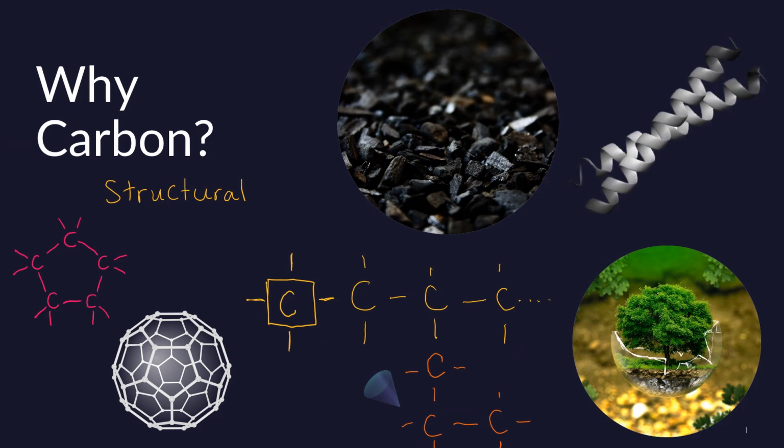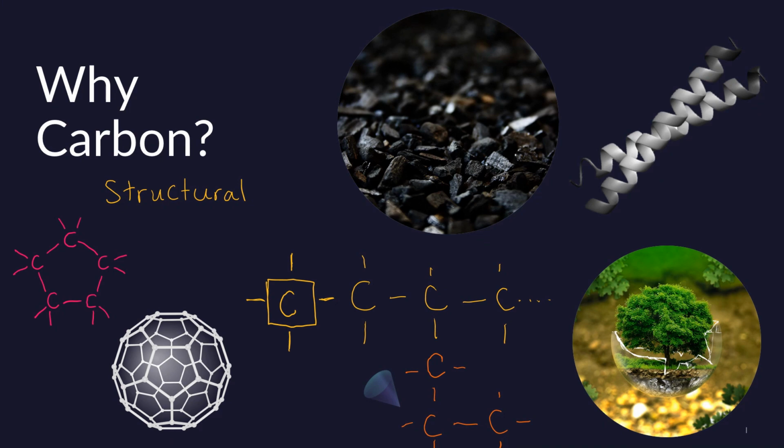Most other atoms can only form 3 or fewer bonds. For instance, nitrogen can only form 3 bonds, and hydrogen can only form 1 bond. So the fact that carbon can form 4 bonds is pretty incredible and helps sustain life.